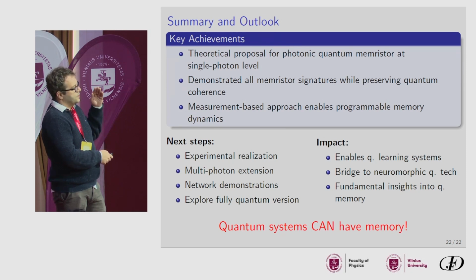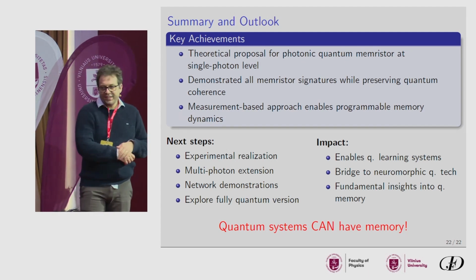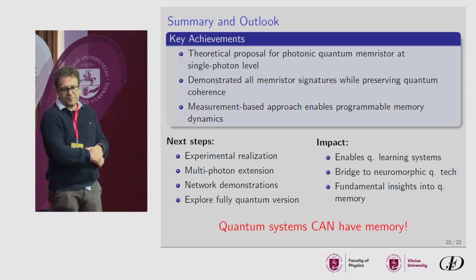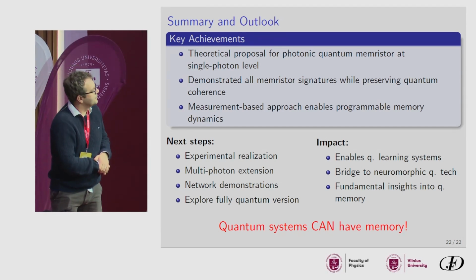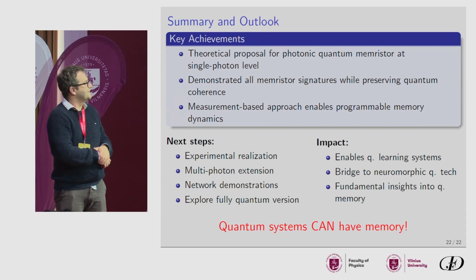So it means that you can choose the coupling strength, the feedback strength eta, or this decay rate gamma to some extent within your implementation. Okay, so the take-home message is: quantum systems can have memory. And yeah, sorry, I think I took too much time, but that's it.